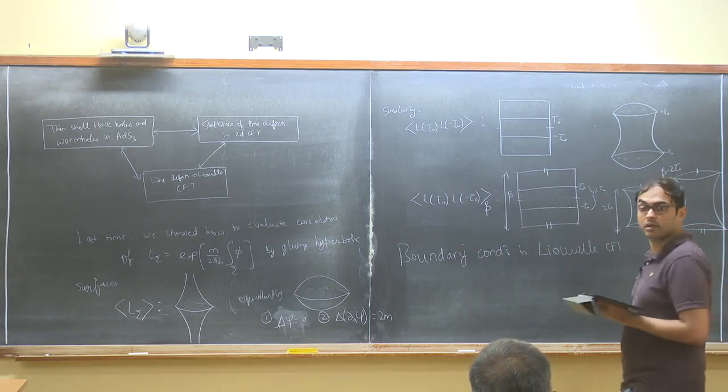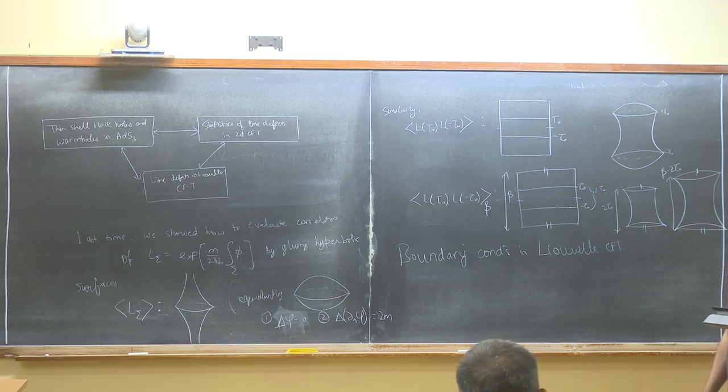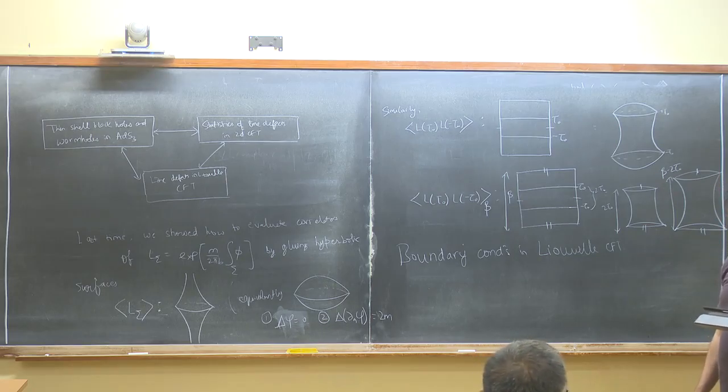I could ask questions about single boundary geometries with various singularities in the bulk, which end on some boundary locus with some conical singularity. Then what is the putative dual CFT? That's a different question.